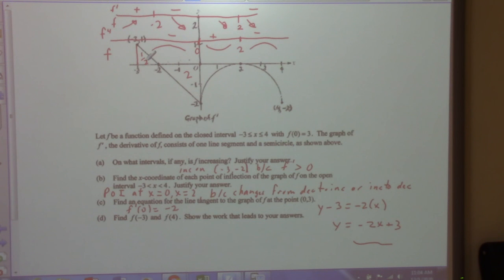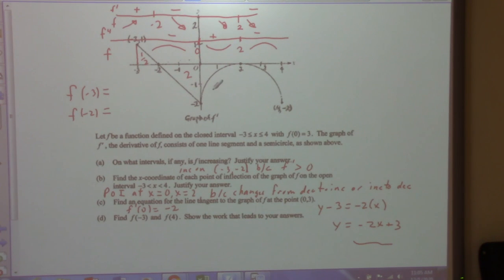So f of -3 is going to be equal to, well, we know we had to get here. Let me do f of -2. f of -2 is going to be what?